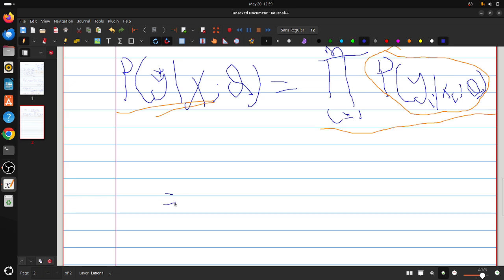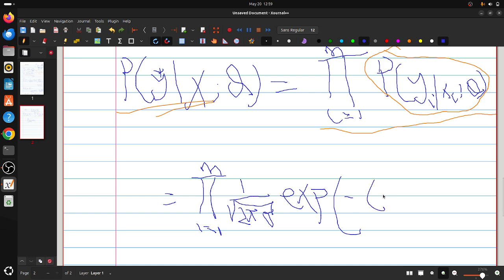Therefore, the probability of all observations will be the product of all probabilities, where i is equal to 1 up to m, of 1 over the square root of 2 pi sigma, exponent of negative yi minus the transpose of the parameter theta xi, squared over 2 sigma squared.